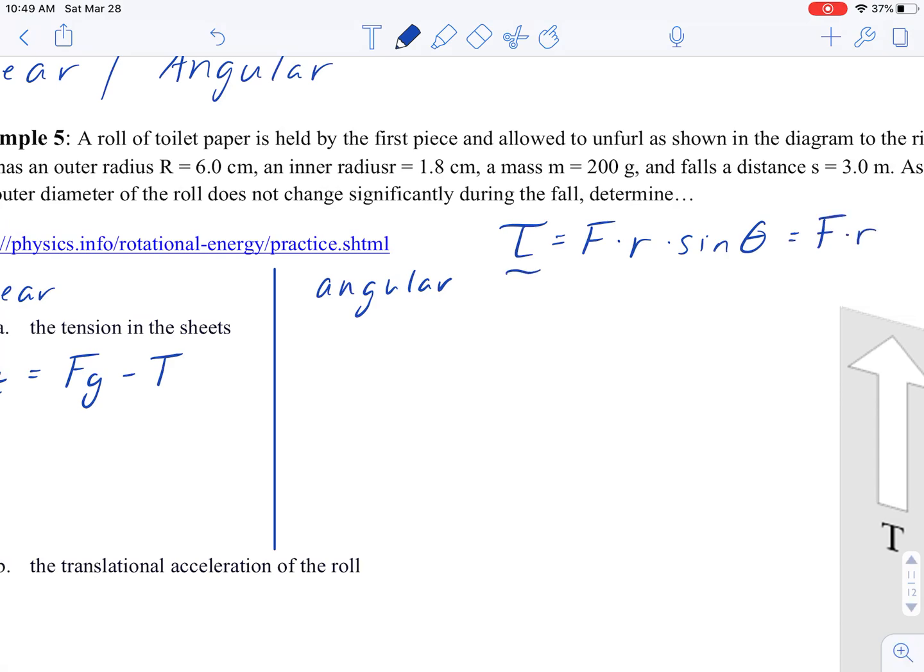Another formula for torque that I can use is I, that's moment of inertia, times alpha. Okay, so what I'm going to do is set those two formulas equal to each other. If I say one formula for torque, F times R, equals the other formula for torque, that's I times alpha, let's see what I can figure out here.